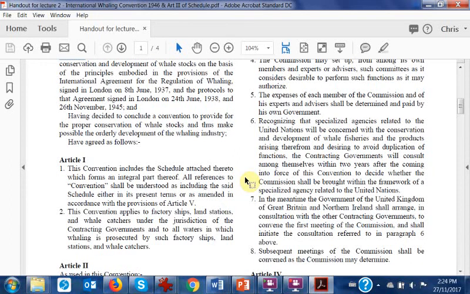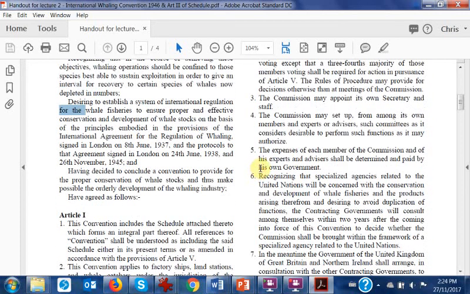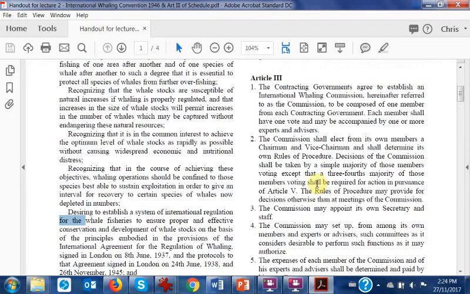Effectively, that's what it's talking about as a conference of the parties, because each party has got one vote, and it's different to the Secretariat. The Secretariat basically looks after booking the venues where the Commission will meet, but it's the parties that have a vote in the International Whaling Commission.